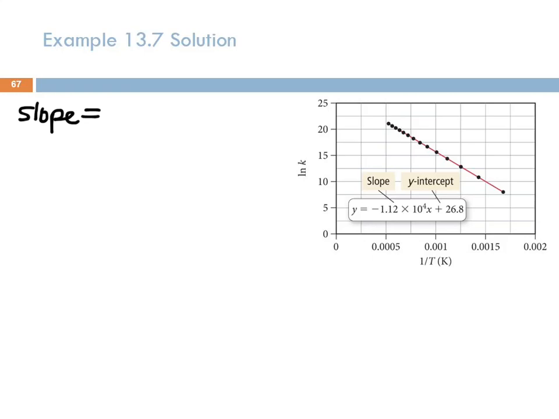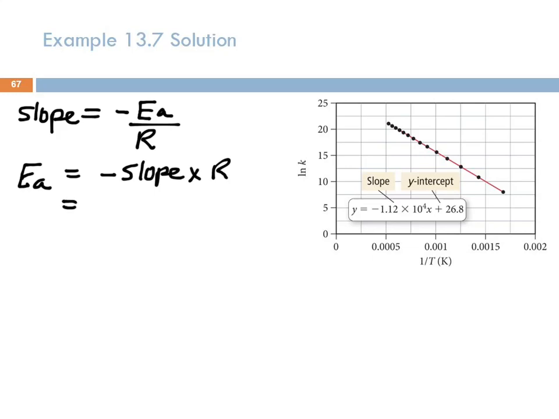Is it A or T or what is it? It's negative Ea over R. And Ea is something we're trying to solve for, right? So this one is pretty straightforward, so we could just rearrange that equation first and say that Ea is going to be equal to negative slope times R. Everybody okay with that?